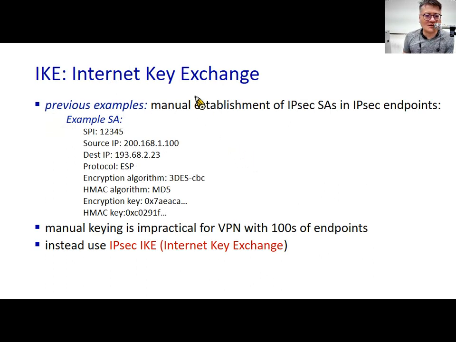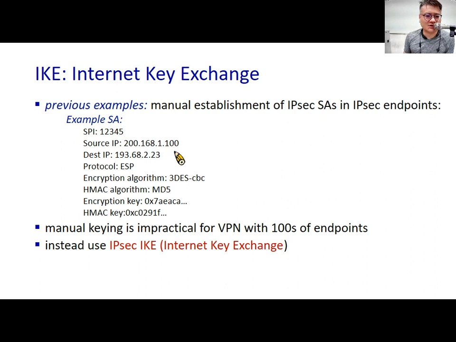So basically, the Internet Key Exchange, IKE. The previous example is the manual establishment of the IPsec SA in the IPsec endpoint. An example SA has the SPI number, the source IP here and the destination IP here.